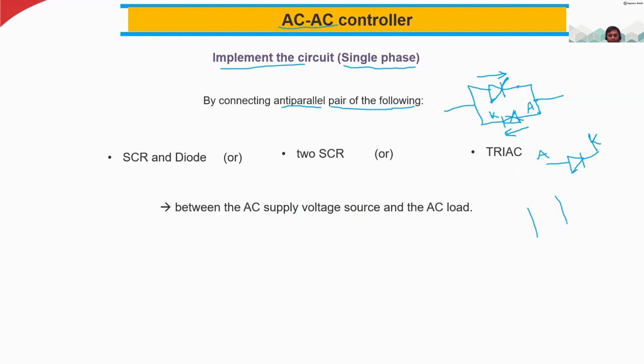The triac symbol is just like putting two diodes together, opposite to each other. I will show the triac circuit in a while. So you use these devices between the power supply and the load, and then you will have this AC to AC controller.